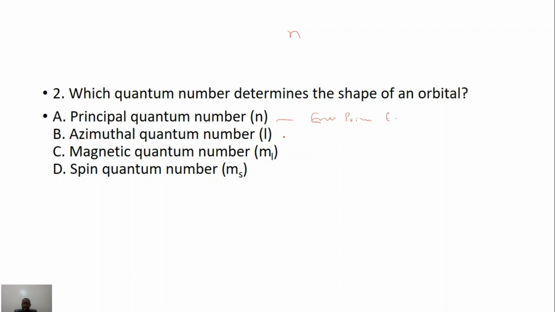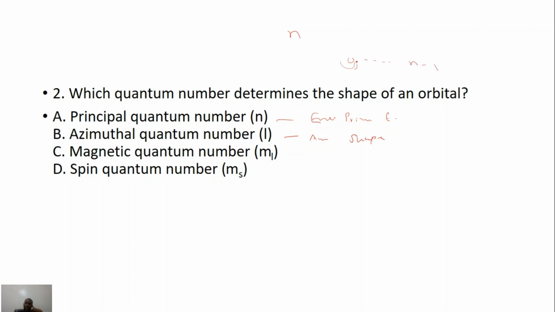Azimuthal quantum number determines the angular momentum, and also the shape of the orbital. Recall that this is represented by L, and L can be 0 up to n minus 1.